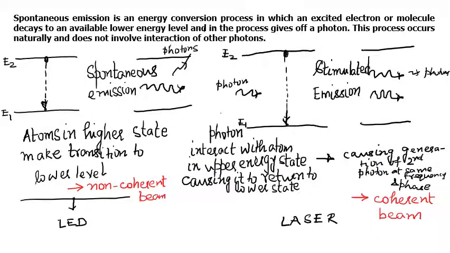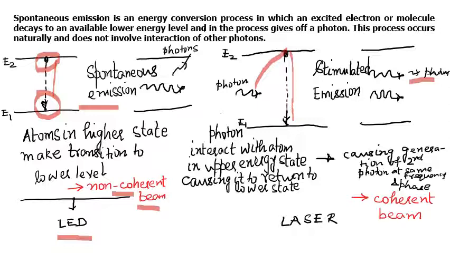Now, what is spontaneous emission and stimulated emission? हायर एनर्जी लेवल से एक एटम लोअर एनर्जी लेवल पे अपना फॉल होएगा, देन इट इज spontaneous emission, and this is the principle of LED, and it generates a non-coherent beam. बट अगर एक एक्सटर्नल फोटोन इस एटम को या आयन को हायर स्टेट से लोअर स्टेट में आने के लिए फोर्स करता है, देन दिस इज स्टिमुलेटेड emission, and it releases two photons which are at the same frequency and same phase.